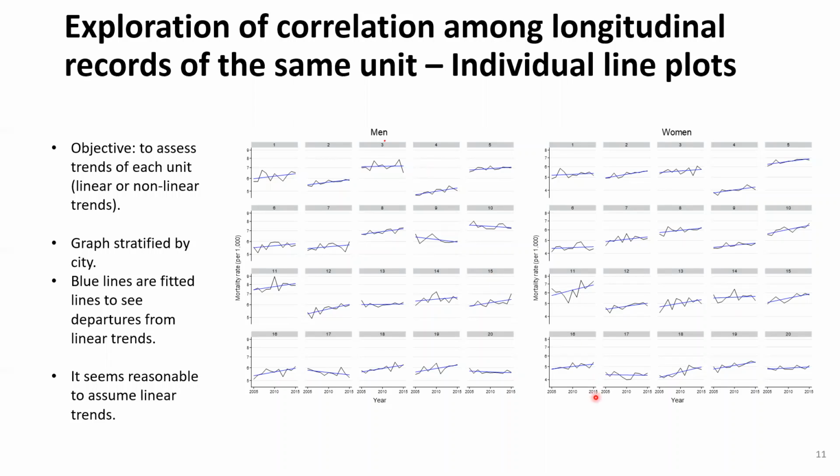At the same time, the steepness of slope seems different. Also, the cross-sectional mortality level differs by city as well. So comparing city 11 and city 12, there is a difference in mortality rate in general.